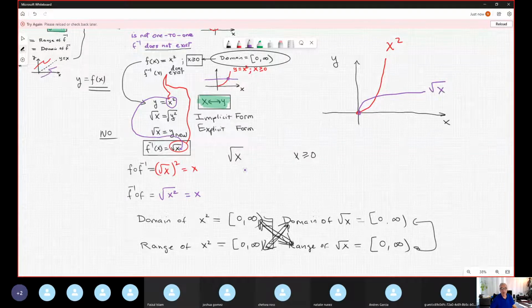Okay, we have 2 points in common. We have the point 0, 0, because you square 0 is 0 and you square root 0 is 0. So 0, 0 coincides, and 1, 1 is also 1, 1 because a number 1 raised to any power or any root is 1.